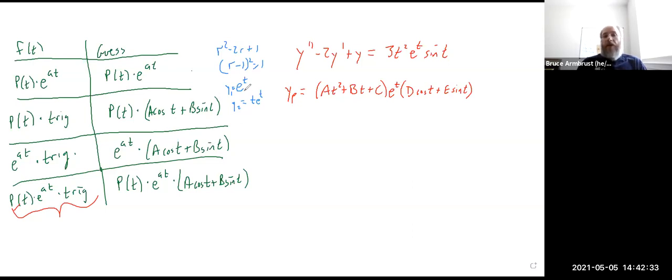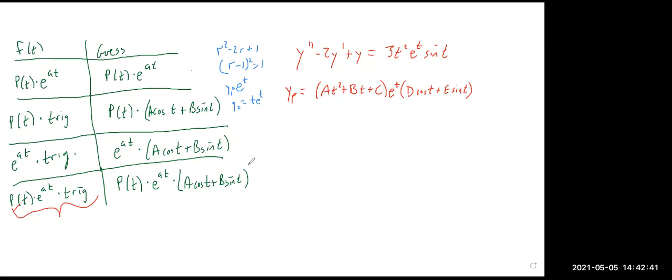All right, so are these in our form? Yes, because our y_p has a t squared, so that doesn't ruin it for us.